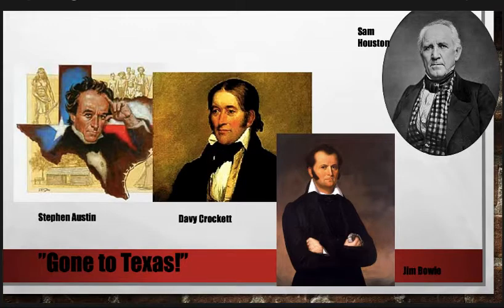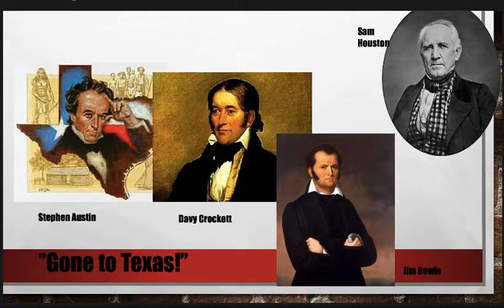Now, there were some rules. These families had to be Roman Catholic, and they also had to consider themselves Mexicans. They had to no longer consider themselves Americans.